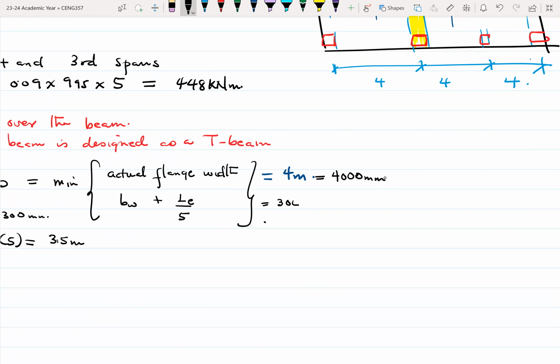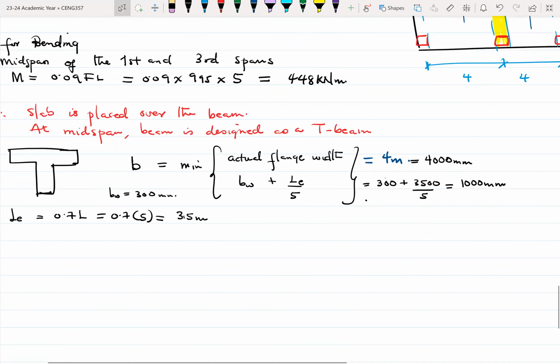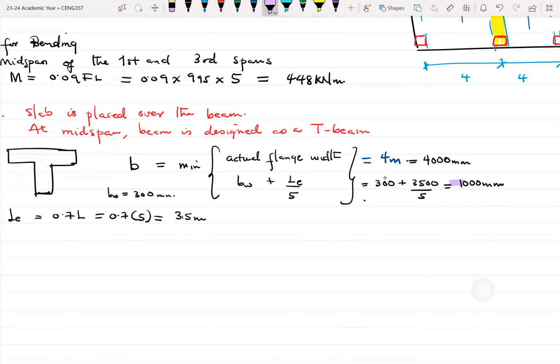It becomes 300 plus 3,500 over 5. And this will give us 1,000, I think, millimeters. You can always cross check and see 300 plus 350 divided by 5. Great. So the lesser of these will be this. So our effective width is 1,000 millimeters.